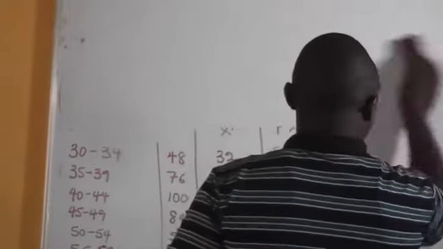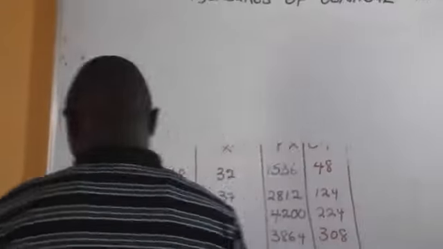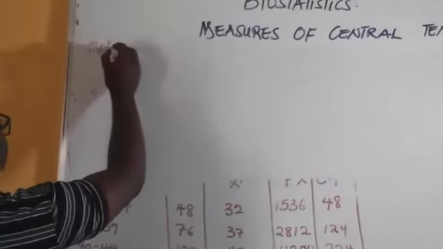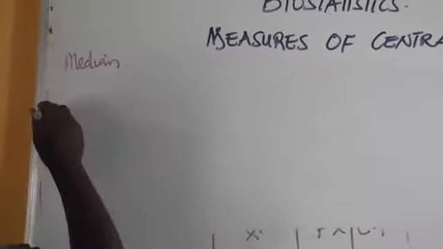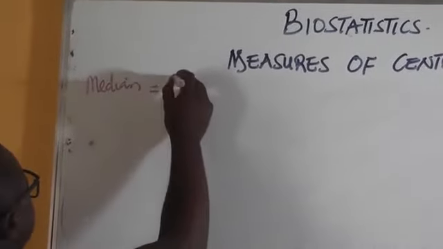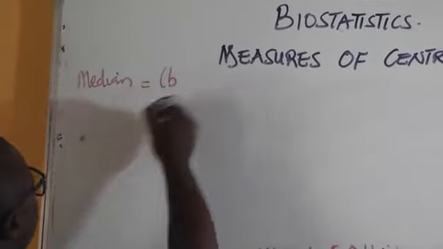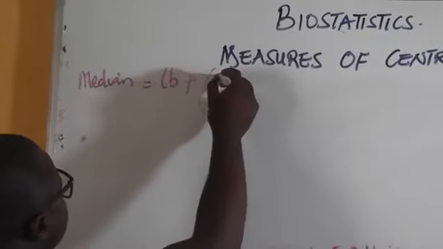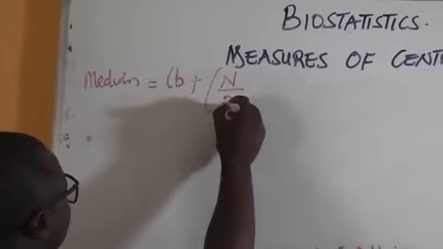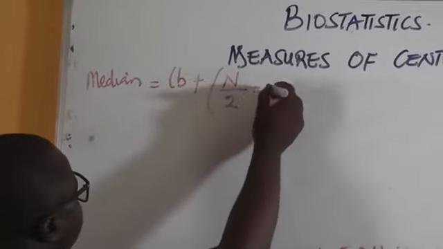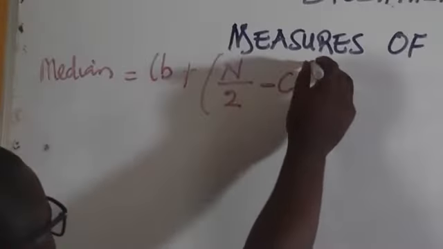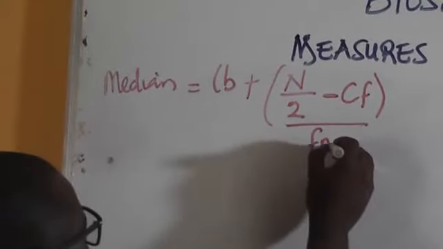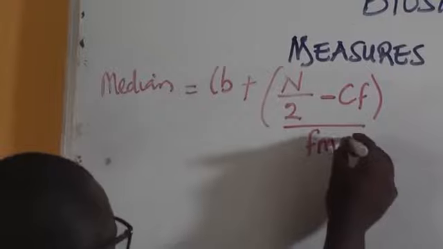So what is the formula for median? I want you to hold this formula very, very well. Median is equal to LB plus, open bracket, N over 2, then minus CF, close bracket, all over FMC.